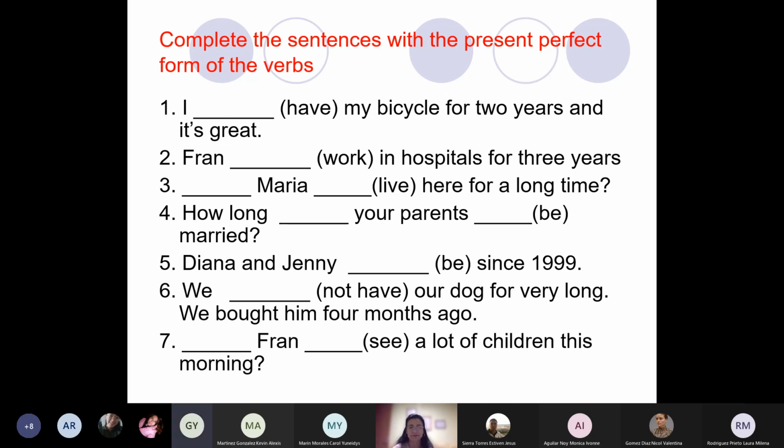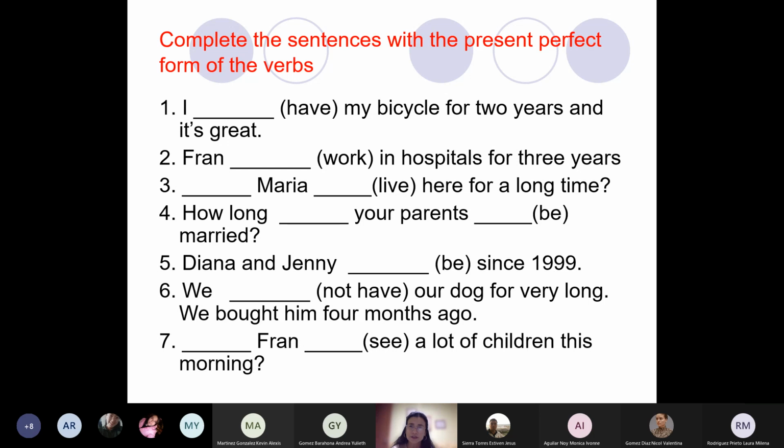Negative. We haven't our dog for very long. And the other verb, we haven't what? Haven't, porque ahí va el auxiliar. Nosotros no hemos. Y ahorita se vuelve a repetir el verbo en participio pasado. ¿Cuál es?